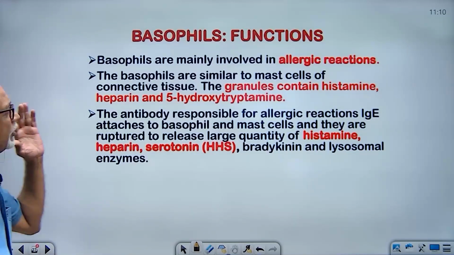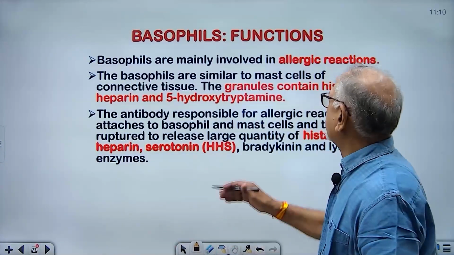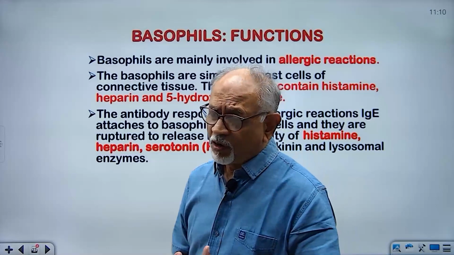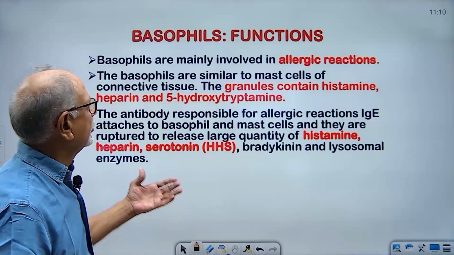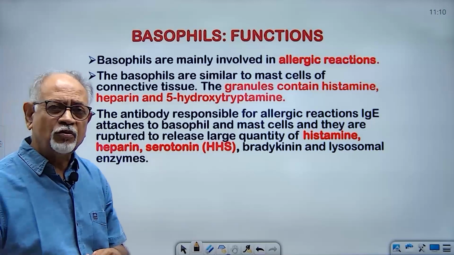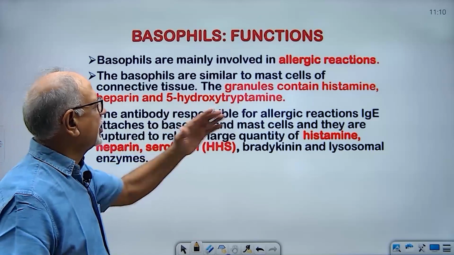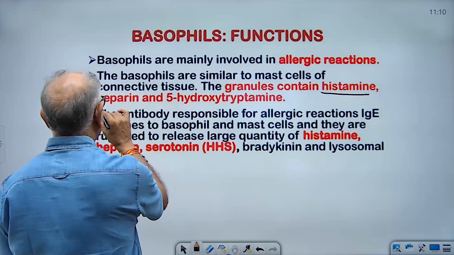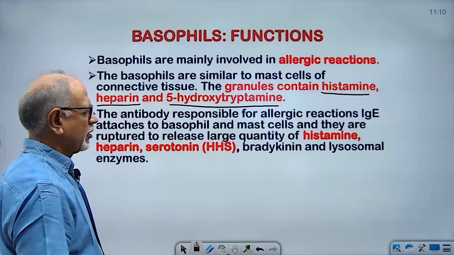Now, the functions of basophils. Basophils are mainly related to the allergic reactions. So when there is an allergy of some type to some substance, to some allergens, then the number of basophils increases. They act similar to mast cells, which are found in the tissue. Their granules contain all the three substances which are secreted by mast cell: histamine, heparin, and 5-hydroxytryptamine.